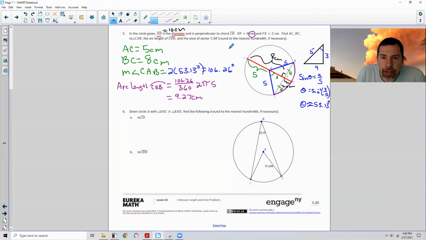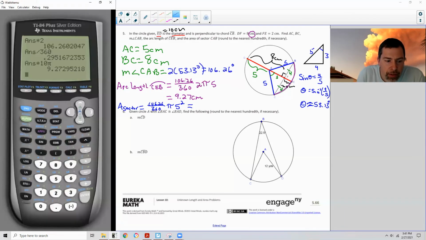All right, and now I want the area of sector CAB. How much area is that piece of pizza? So the area of a sector equals central angle 106.26 over 360 times area, which is pi r squared, which equals, so I'm going to do this again. So it's 106.26, and then I'm just going to put this all back in. I like to be as accurate as I can.